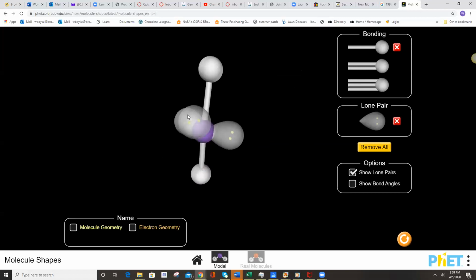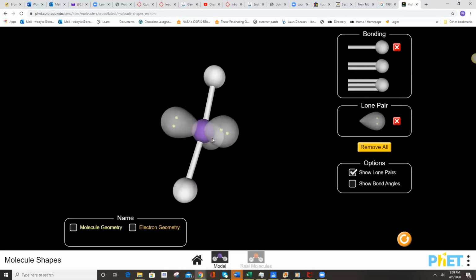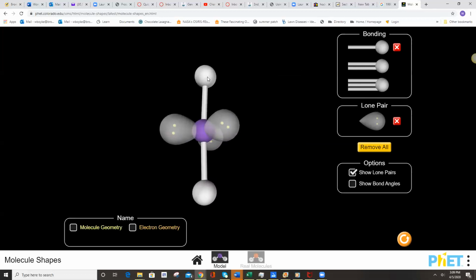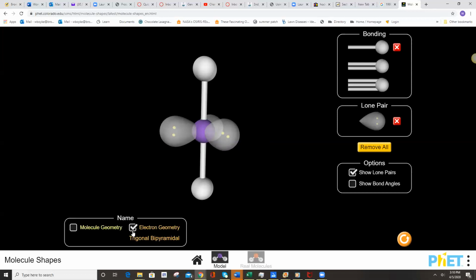So you can see for the electron pair geometry, where are the electrons situated? The electrons are still situated in that trigonal bipyramidal geometry. So our electron pair geometry still hasn't changed. Anytime you have 5 electron groups, you should be looking at a trigonal bipyramidal electron pair geometry.